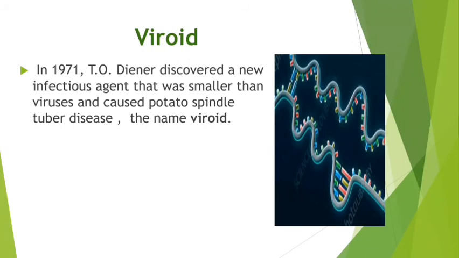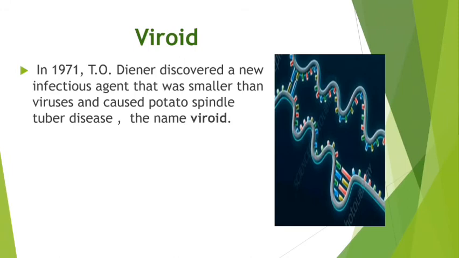But these viroids are much smaller than viruses. Can you imagine, a cell is small, isn't it? A cell is so small that we cannot see a single cell with our naked eye; for that we require a microscope. But viruses are much smaller than cells, and viroids are even smaller than a virus.